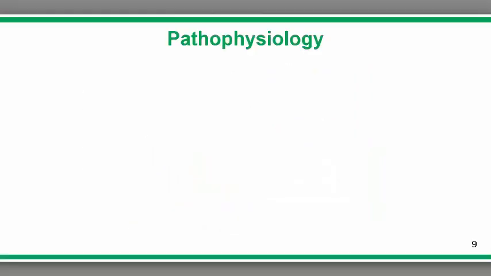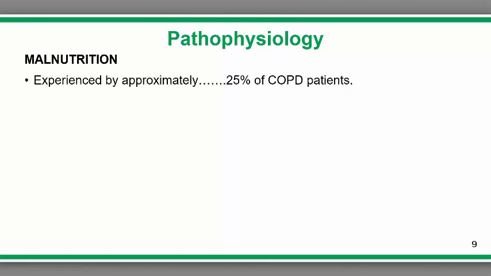One last point to make on the pathophysiology and development of the disease and the worsening condition is malnutrition, which is always a concern in a person afflicted with COPD. And this is something that is experienced by approximately 25% of all COPD patients.